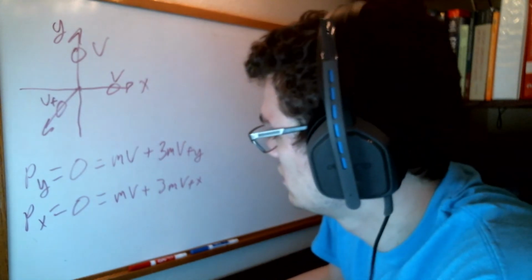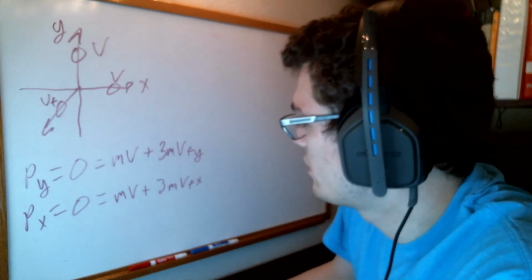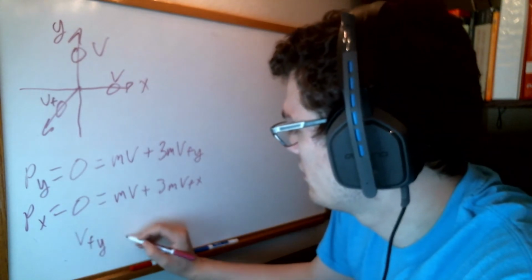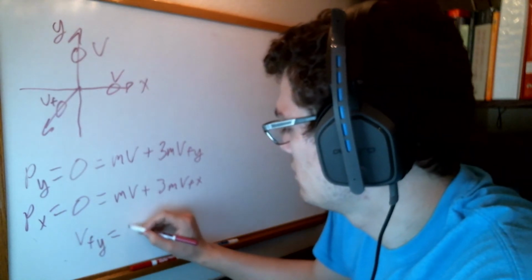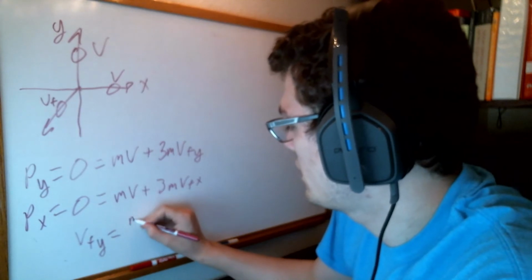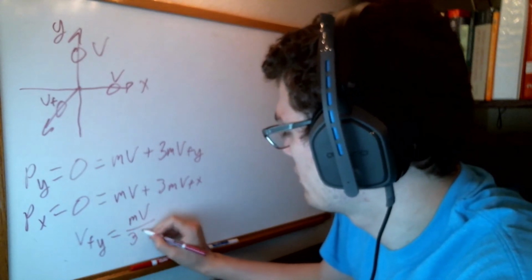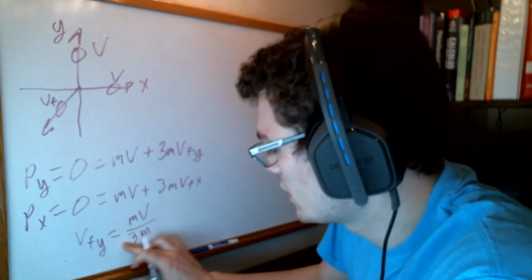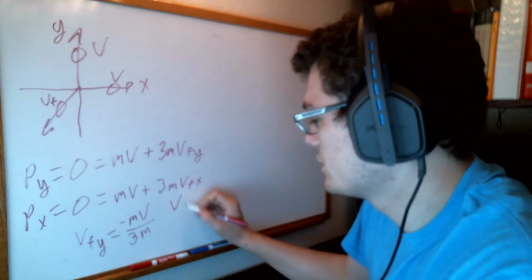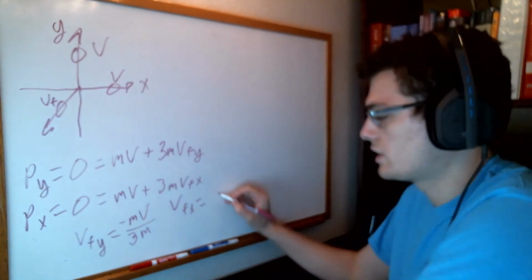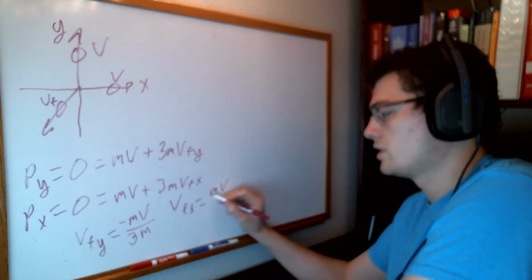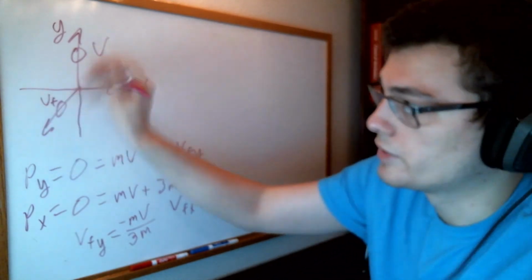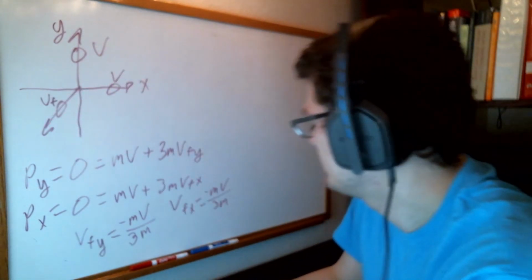And so then we know that vfy has to equal negative mv over 3m. There should be a negative in here. Same with this, vfx is going to end up being the same thing, negative mv over 3m, because this velocity points in the opposite direction of either one.